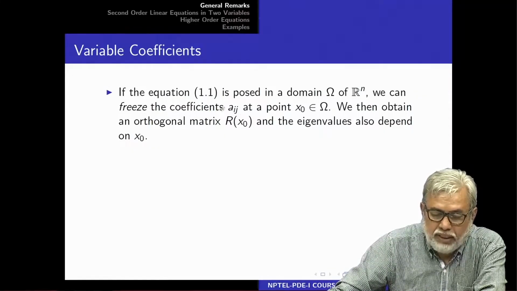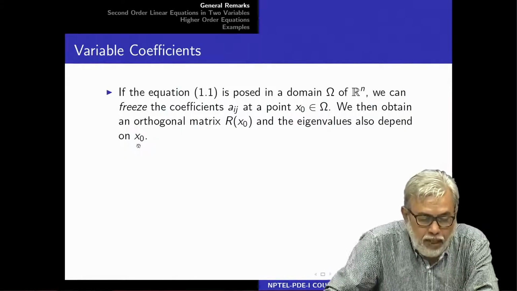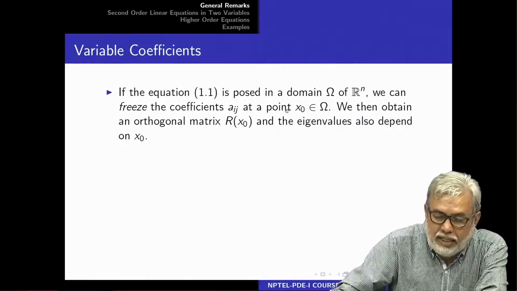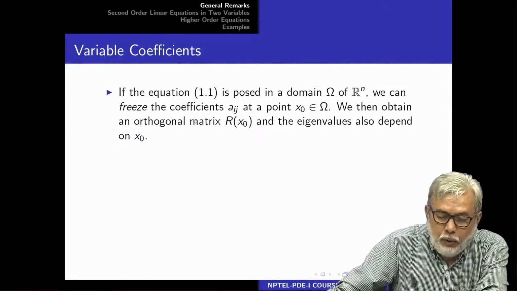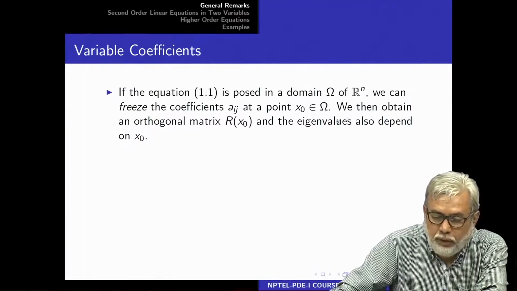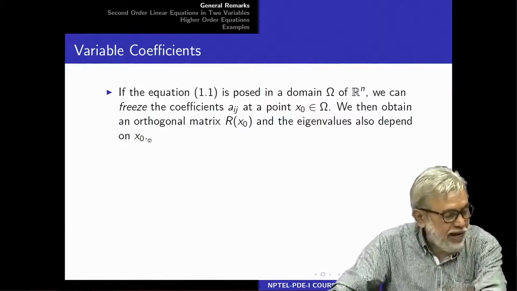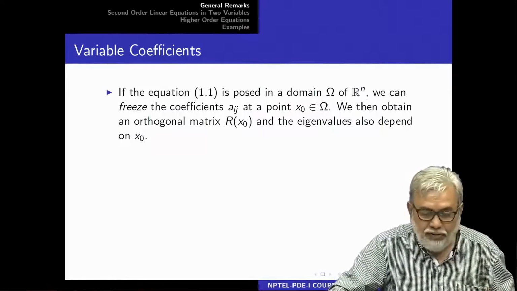You get some numbers, and so you will get a symmetric matrix, and then we obtain an orthogonal matrix. Again that depends on x 0, and the eigenvalues also depend on x 0. As we vary x 0 in omega, we get matrix valued functions R of x 0, and the eigenvalues are also functions of x, and that makes life complicated.